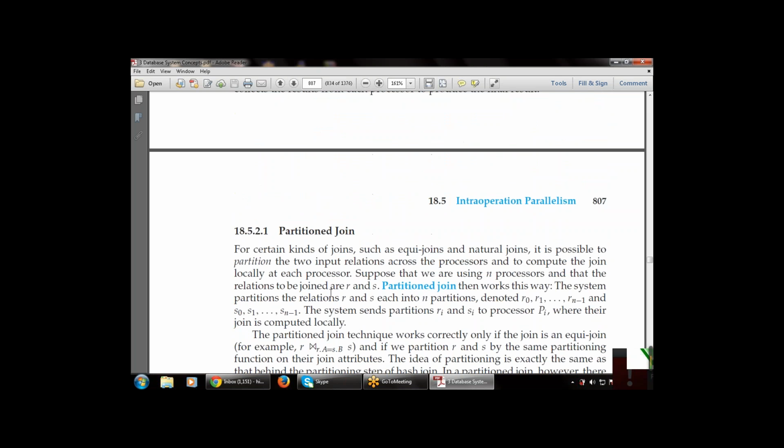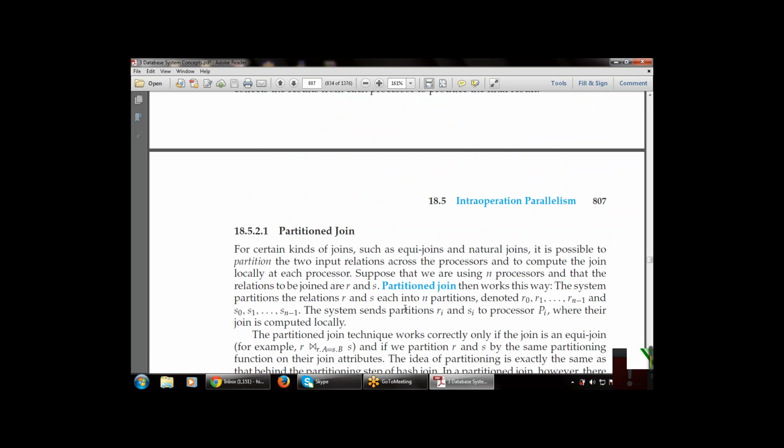Then there is the partitioned join, where partitioning is performed to carry out the join operation. Partitioned join works in this way: it partitions the relations r and s into n partitions each, denoted R0, R1, up to Rn minus 1.